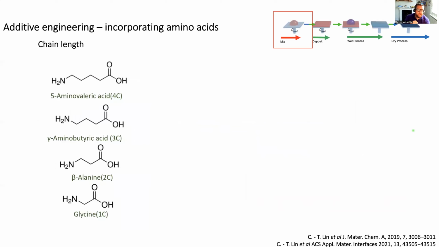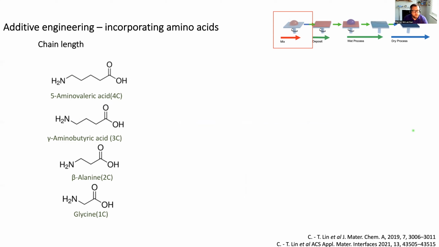The second thread here is thinking about additive engineering. Okay, so in this case, and previously I mentioned the presence of point defects that exist within the perovskite films, and those that we know persist are typically the halide vacancies.